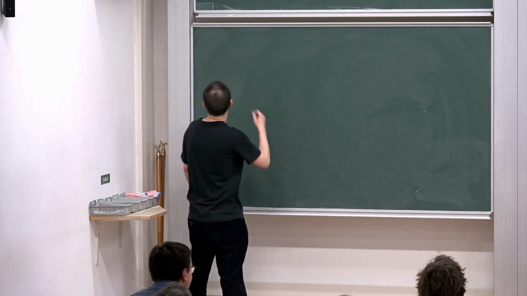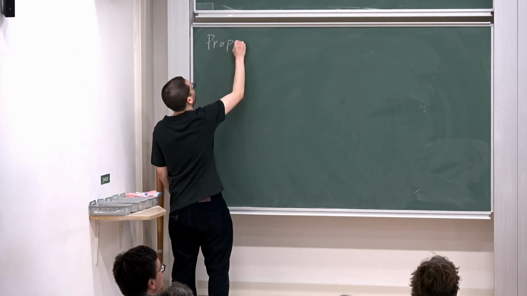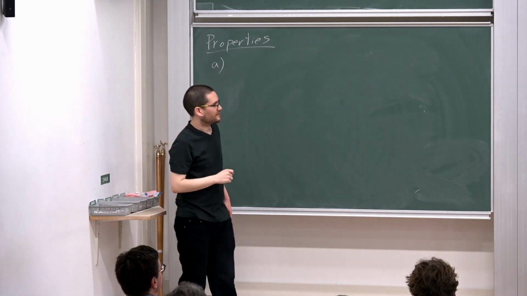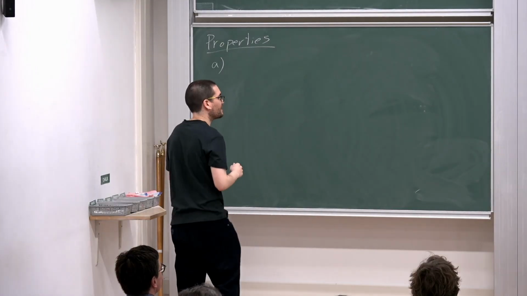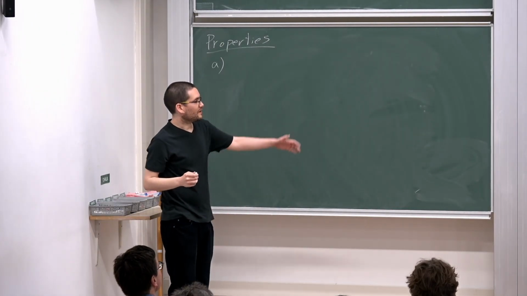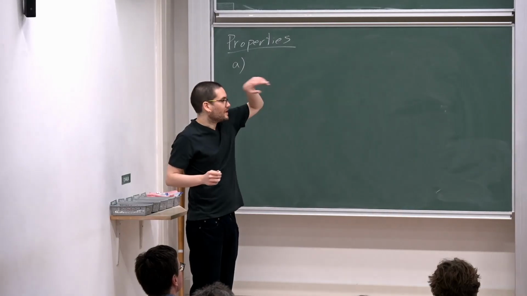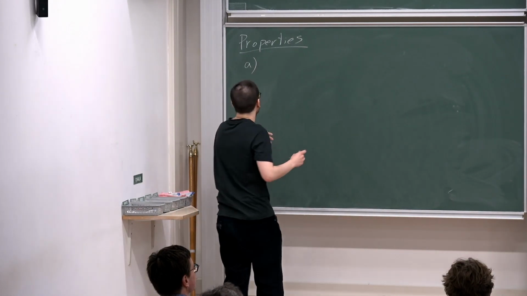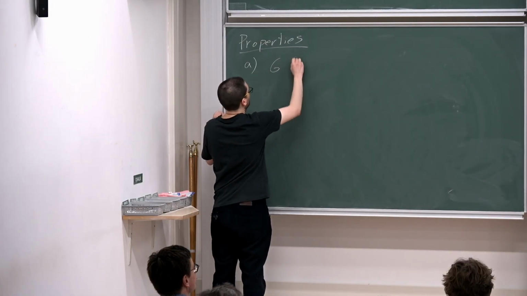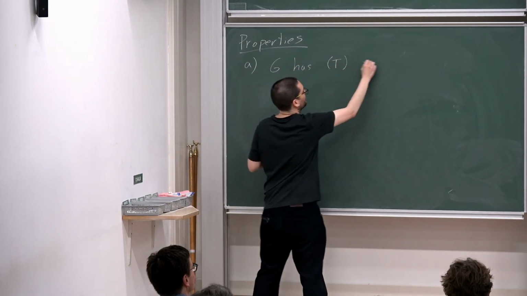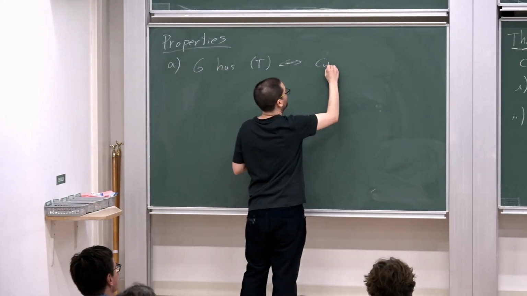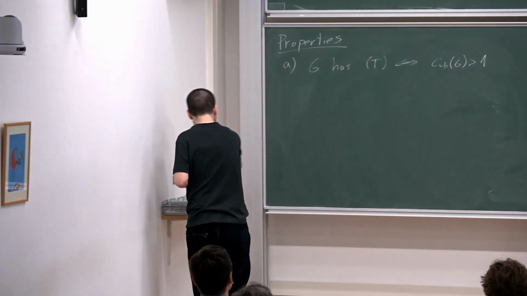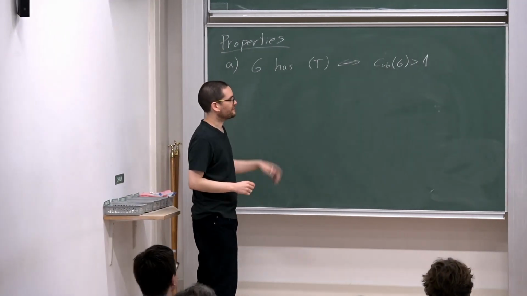Okay, so this has some nice properties. First, if this constant is bigger than 1, then by definition the group has property T, but actually that is an equivalence. G has T if and only if this constant is bigger than 1. This was already mentioned by Cornelia, but in a different setting.